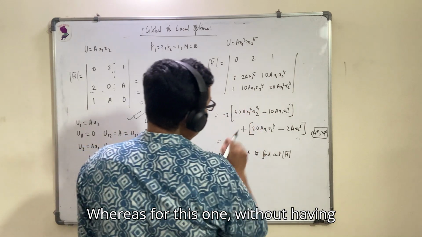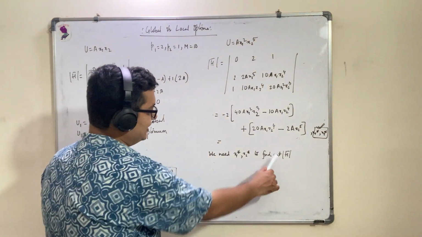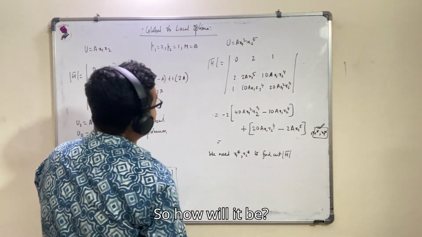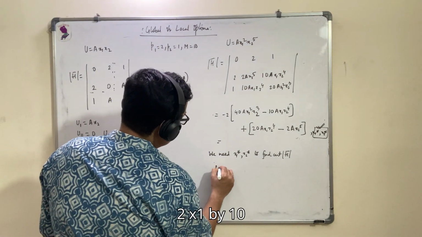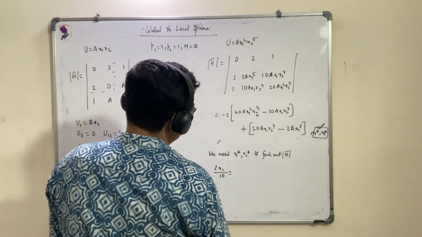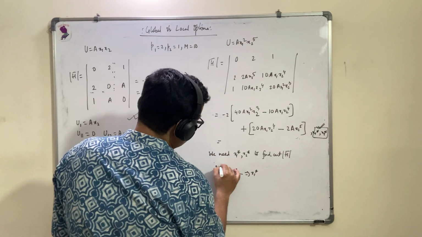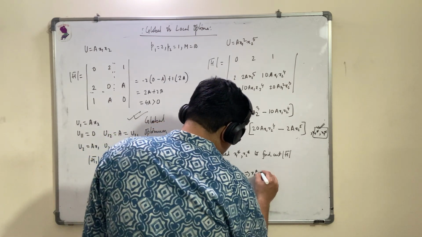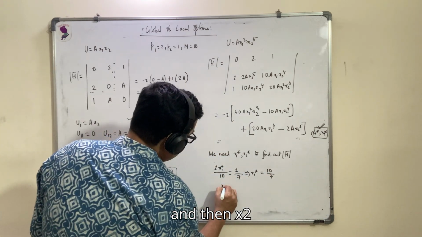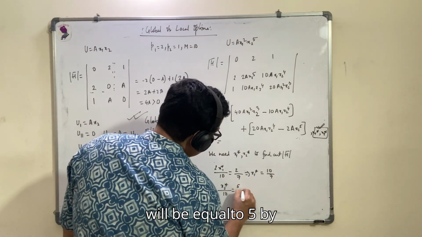Whereas for this one, without having x1 star, x2 star, I cannot really comment on the sign. So let us find them out. How will it be? 2x1 by 10 equals 2 by 7. So x1 star equals 10 by 7, and then x2 star by 10 will be equal to 5 by 7.